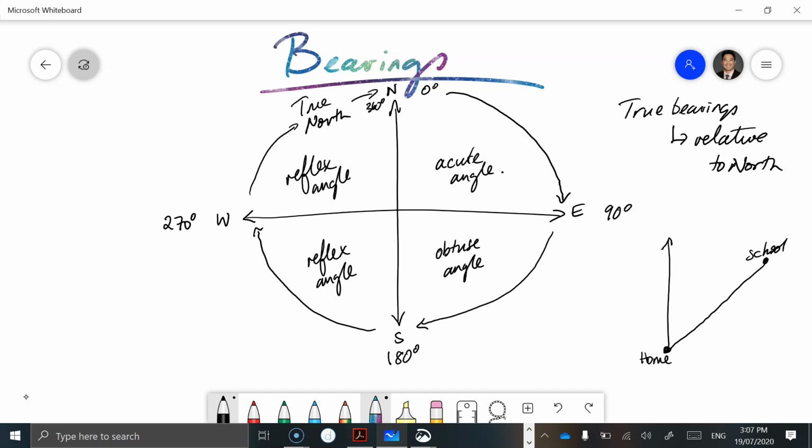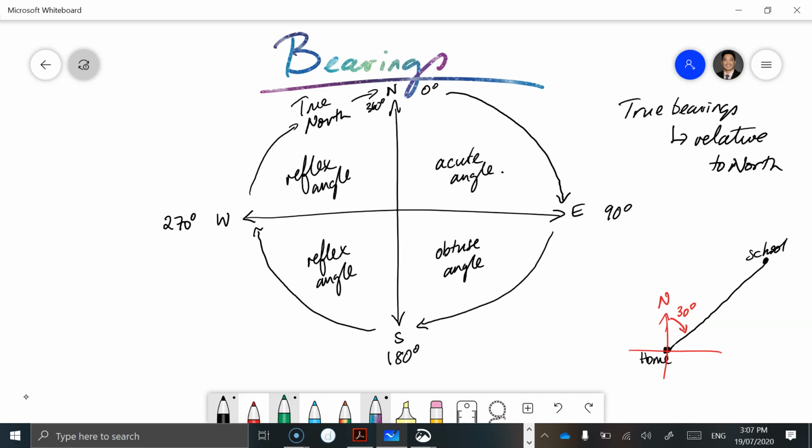Let's use a different color here. Your bearing here is based on true north, which is that angle there, and let's say it's 30 degrees. So with your home facing north, the school is at a 30-degree angle.